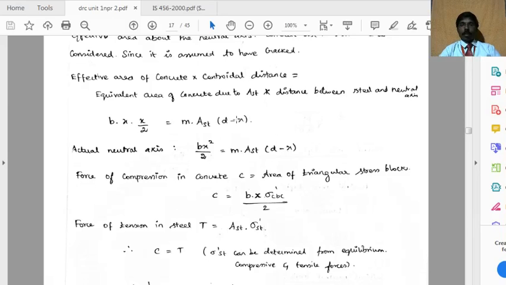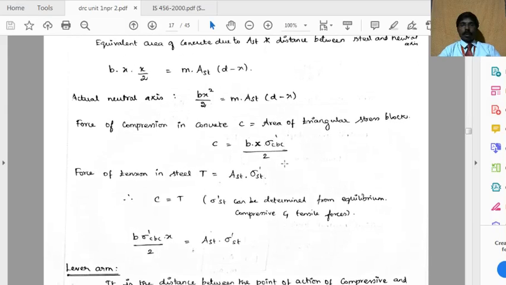The equivalent area of concrete due to AST is taken as B into x by 2 equal to m into AST into d minus x. From this formula, the actual neutral axis is written as Bx squared divided by 2 is equal to m into AST into d minus x.